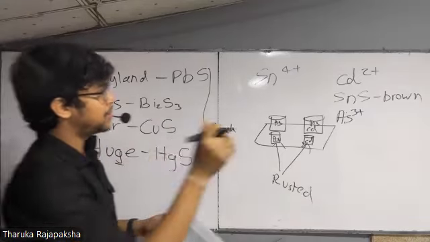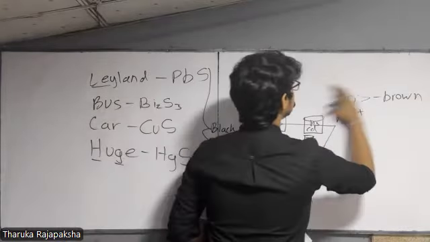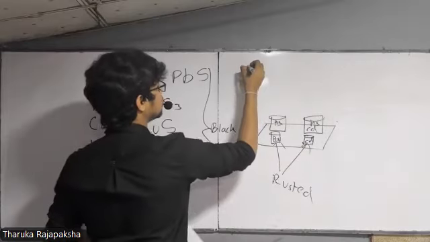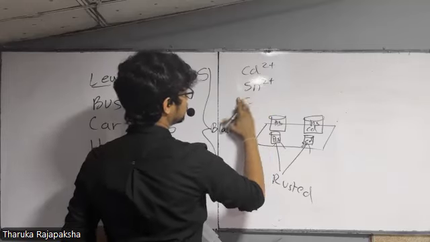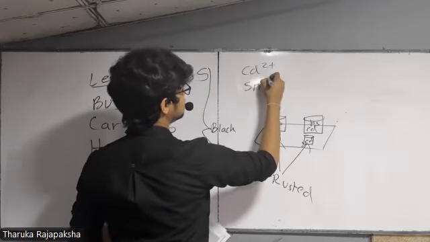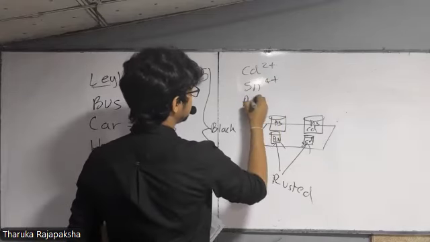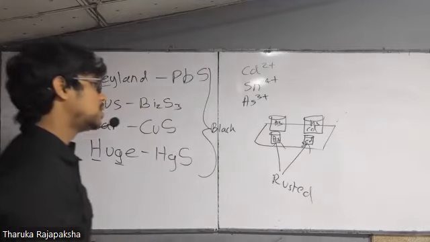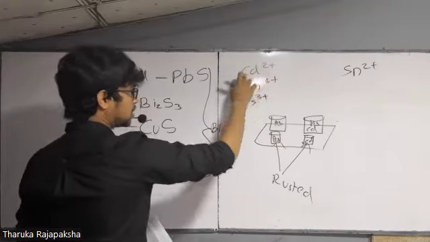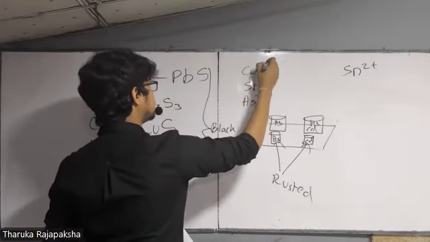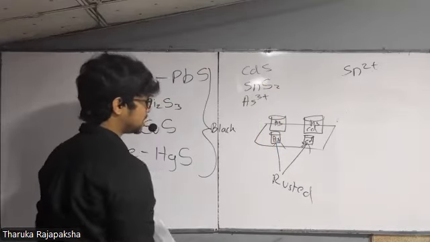People, I'll write this one here and this one here, okay? Tin plus 4 here and arsenic 3 plus. There you go. And then tin 2 plus here. Cadmium sulfide CdS, SnS2, 2 sulfides will come because of plus 4 oxidation state.